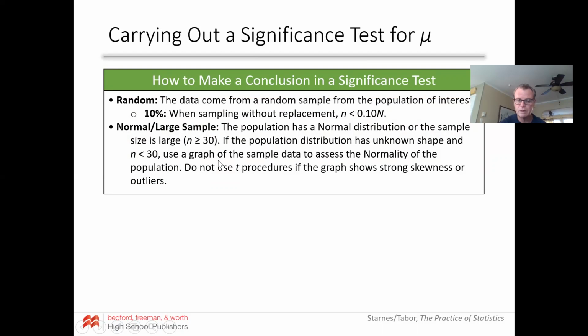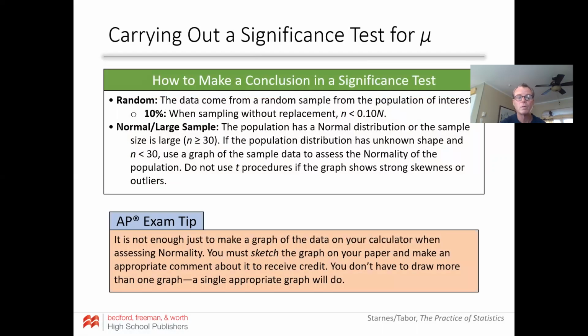If it's not, you could draw it, like you would use a box plot to say that it's symmetric. But even if it's not symmetric, you still keep going, still perform the test, and then you note that you didn't meet that condition. And this is saying it's not enough to make the graph on your calculator. You have to draw this freehand as part of your template.